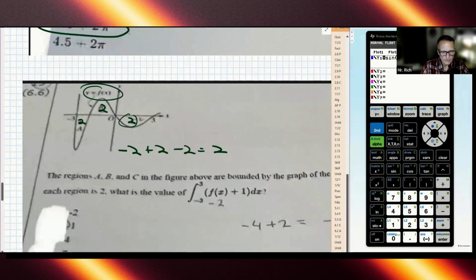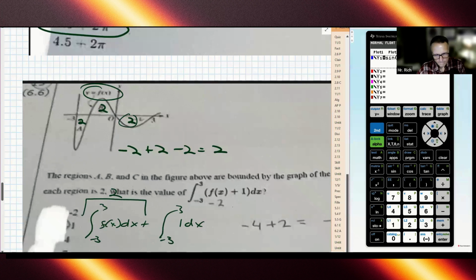So what you're really evaluating is the integral from -3 to 3, f of x dx, plus the integral of 1 dx from -3 to 3. Well, this area we figured out is 2, but this area right here is a rectangle.